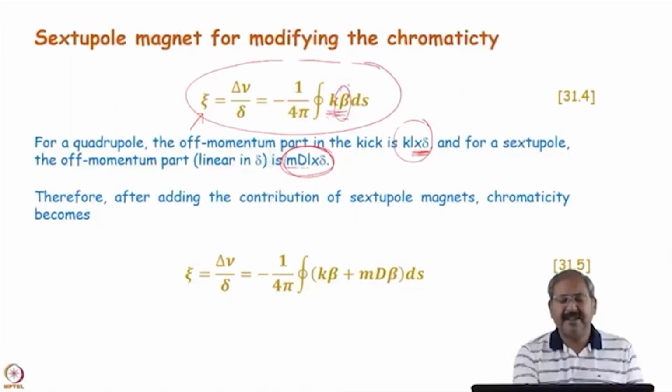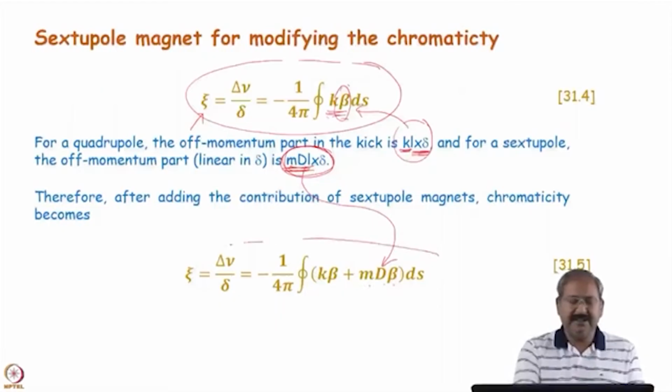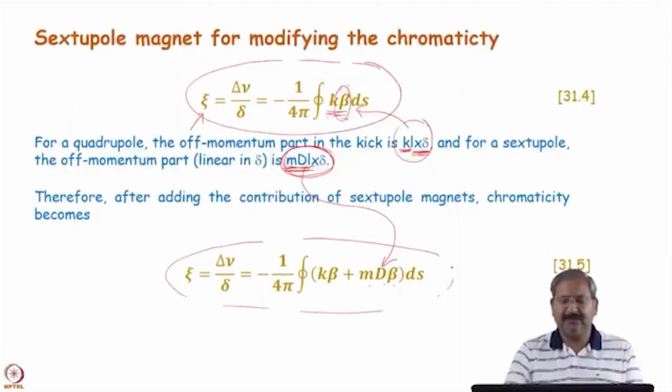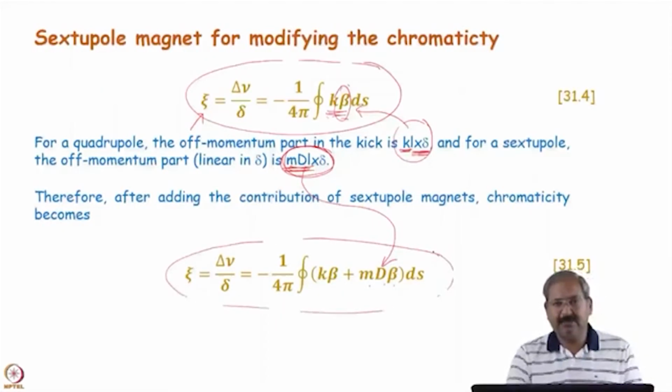So you can say MDL of the sextupole is equivalent to KL of the quadrupole. So if KL of the quadrupole generates this chromaticity, then MDL will generate a contribution using M D beta. So this is the formulation of the chromaticity when sextupoles are also introduced to correct it.